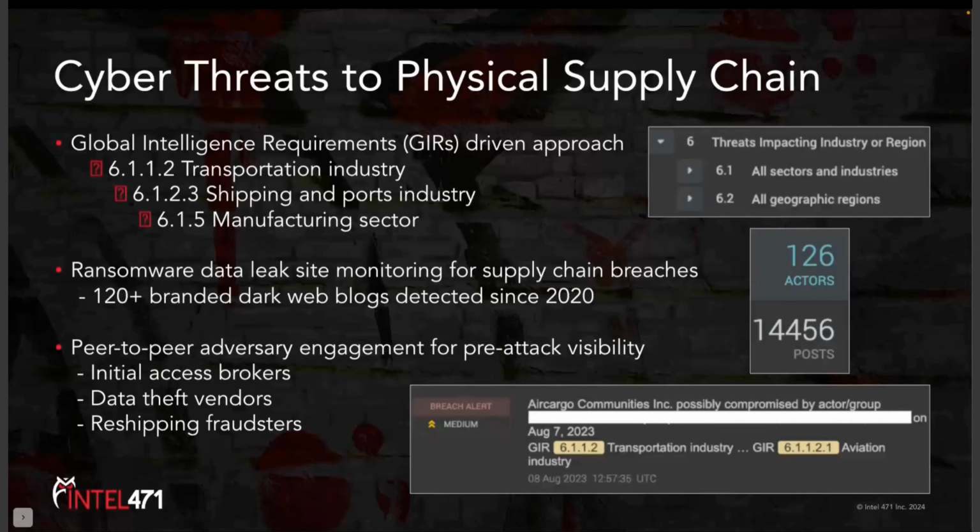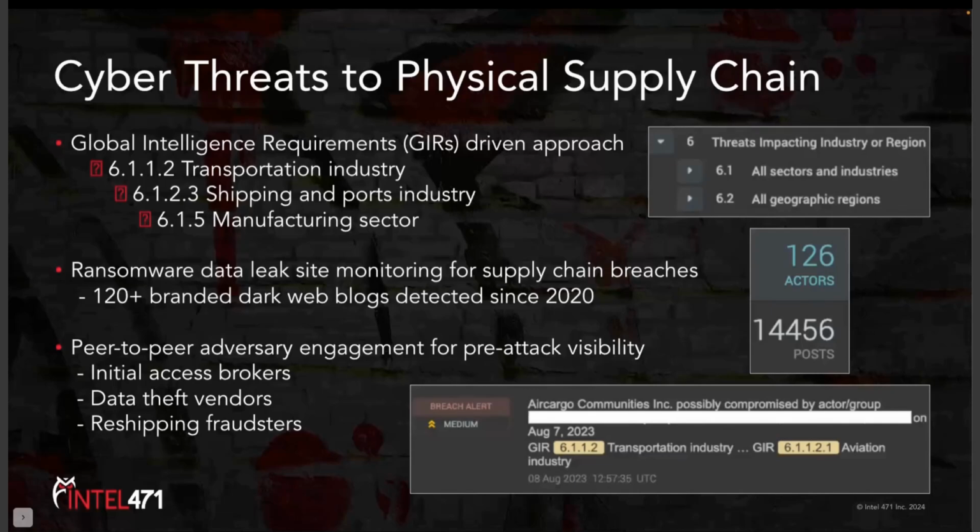I'd say one of the big areas of focus for a lot of our customers, especially within the last 4 years, has been ransomware, and particularly the proliferation of this ransomware attack to data leak site cycle.